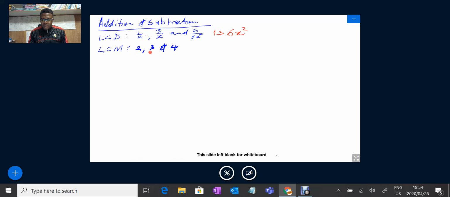When you multiply 3 and 4 you get 12. Are we going to use 8 or 12? Or we are going to use 4? How do we decide? The number that we are going to use is the number that must accommodate all the three numbers that we have here.